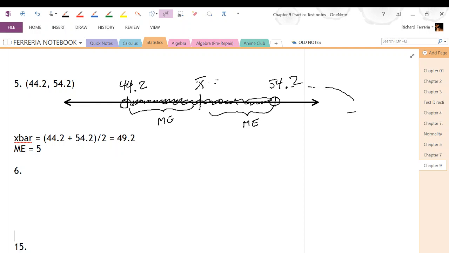Check the assumptions for a T-interval. Construct and interpret a 95% confidence interval for the mean dissolved oxygen in the stream. So as I read this, it sounds like I'm supposed to do all 4 steps here. So we're just going to do all 4 steps.